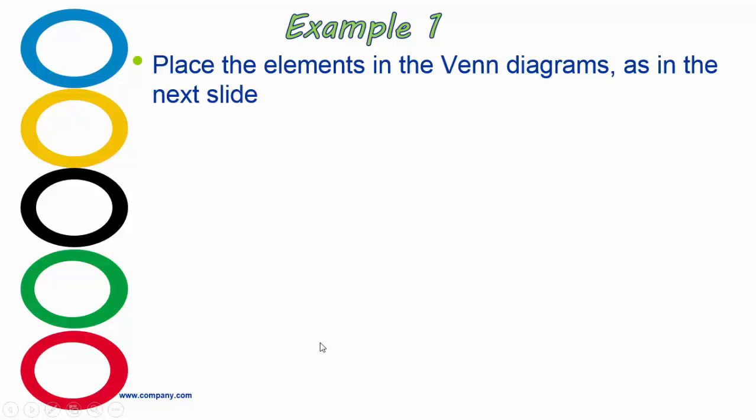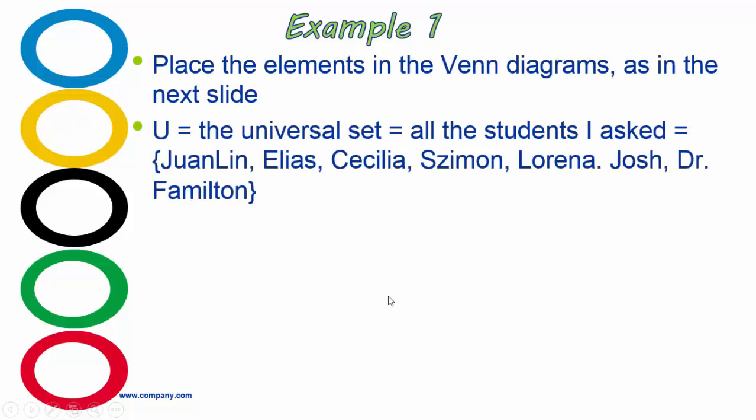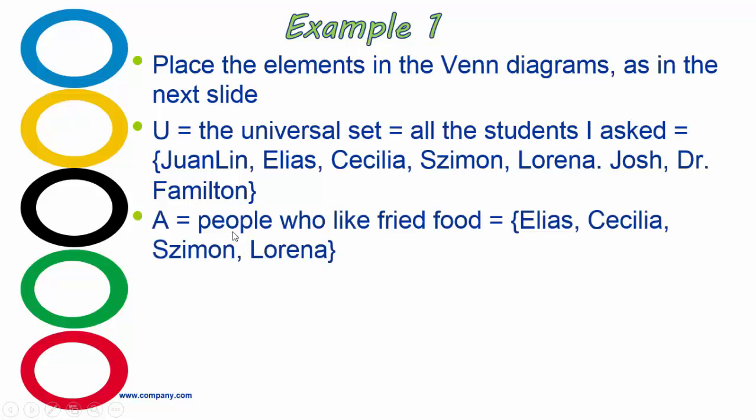Normally this would be a class project, but since we are not having regular classes right now, I'm just going to use the one from last semester's class. So we're going to place elements in Venn diagrams as I'm going to show in the next slide. The universal set is all the students I asked: Juan, Elias, Cecilia, Simone, Lorena, Josh, and myself.